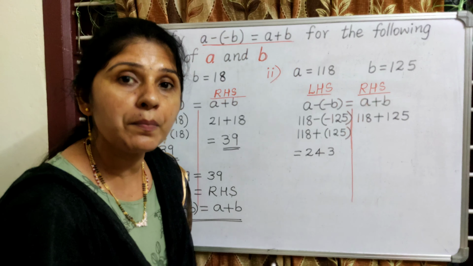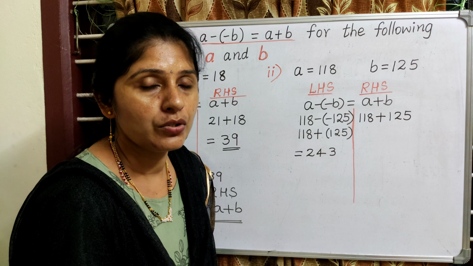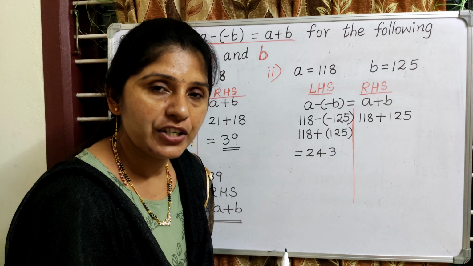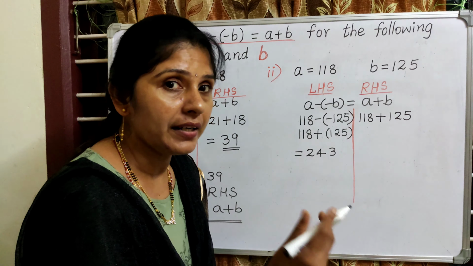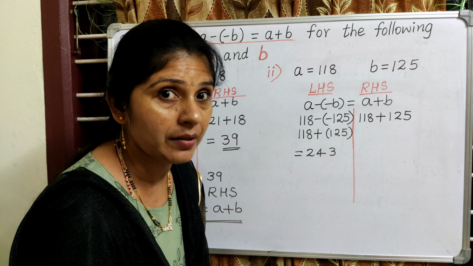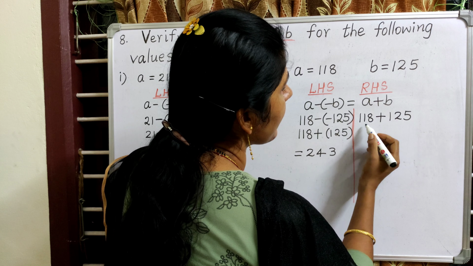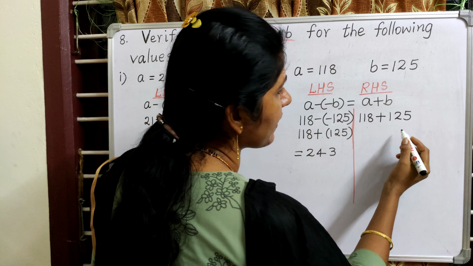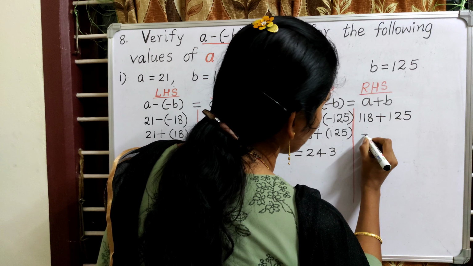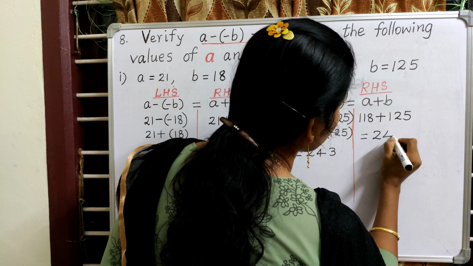Both the numbers are positive numbers. So, according to the addition of integers, add them and keep the same sign in the answer because both the numbers are positive numbers. So, 118 plus 125 is equal to 243.